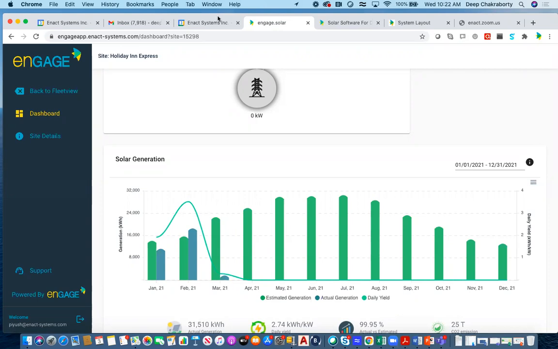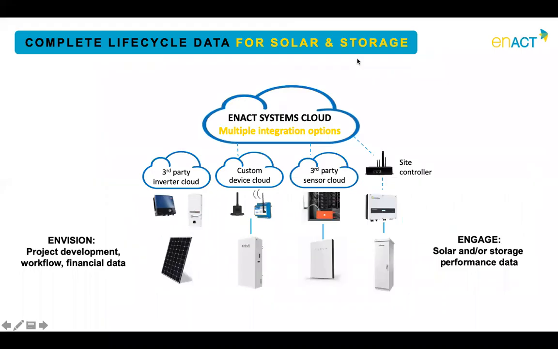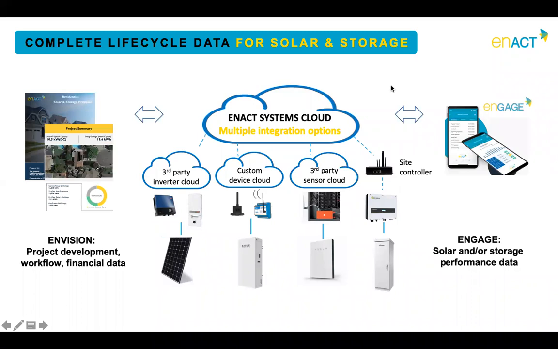How is that all possible? So I want to switch back to some final thoughts on Engage as a product, just to kind of give you an idea of how it's working. Engage is powering the complete life cycle data for the project, which means not just the before, but also the after. We are a single source of truth. To make this happen, we are connected to all the major brands of equipment, leading inverter brands, all major brands of sensing, on-site sensors for homes and buildings, as well as storage, and finally asset management through site controllers.